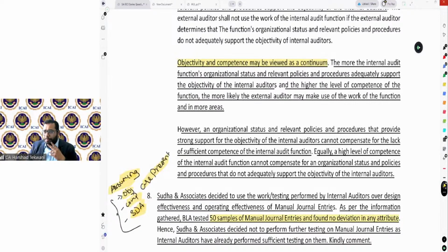Good, Sanuja. Okay, Sanuja, Janvi, Purvi Ben, on the basis of which standard or which provision are you basing your answer?